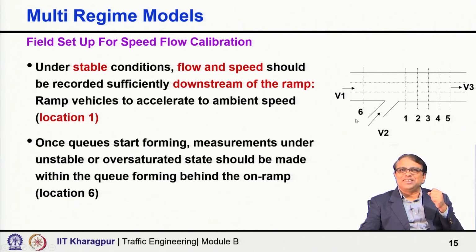So we should do it upstream, somewhere around location 6 on the freeway, because vehicle accumulation has already started.